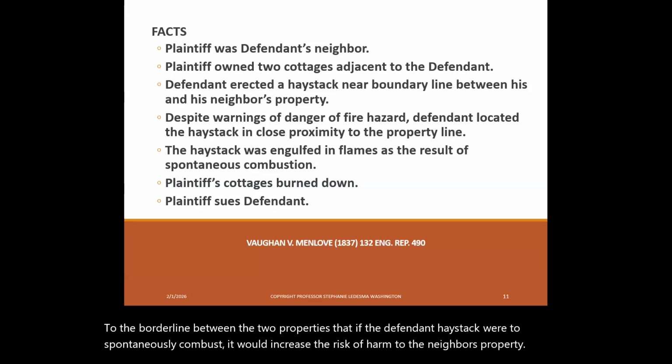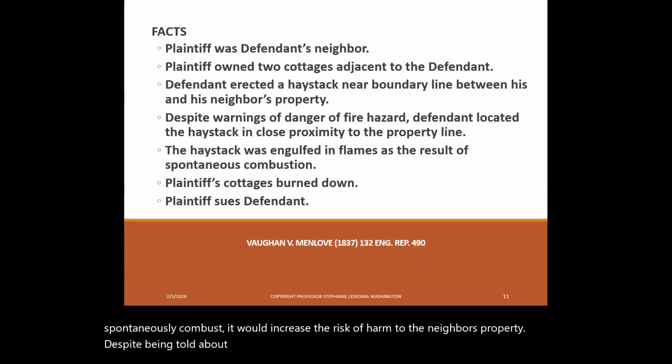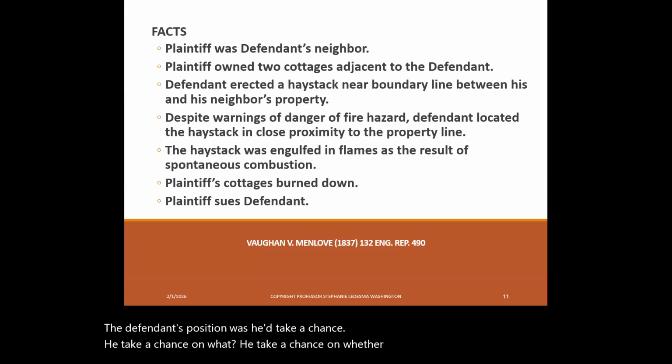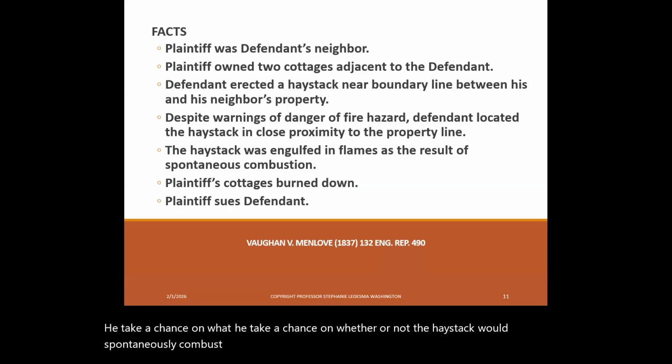Despite being told about the danger several times in the weeks prior to the spontaneous combustion, the defendant's position was he'd take a chance. He'd take a chance on what? He'd take a chance on whether or not the haystack would spontaneously combust, and if it did, whether or not that would cause harm to the neighbor's property.